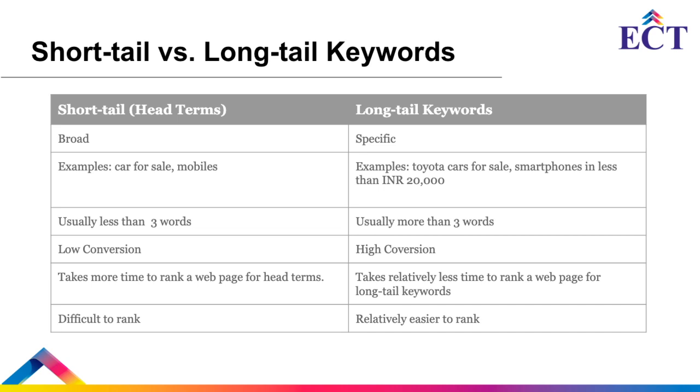All right. So now, can anyone tell me, if you have an option between short tail keywords and long tail keywords, which one will you choose for your business if you have to optimize your website for SEO? Any answer?